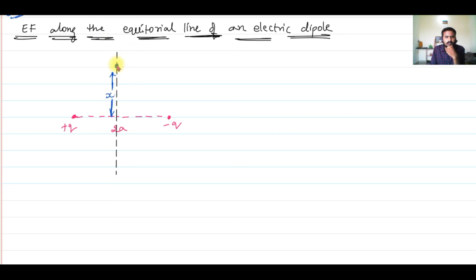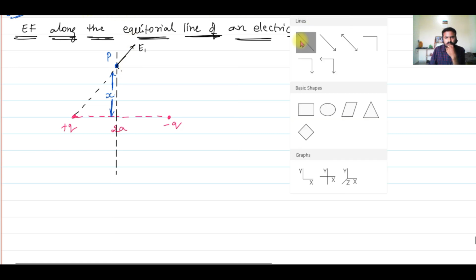And at this point P, the electrical field due to this positive charge will be along the line joining Q and P, radially outwards. Let me call that E1. E1 is the electrical field due to this positive charge, and at the same point the electrical field due to the negative charge will be along the line joining the point and the negative charge, radially inwards towards the negative charge.